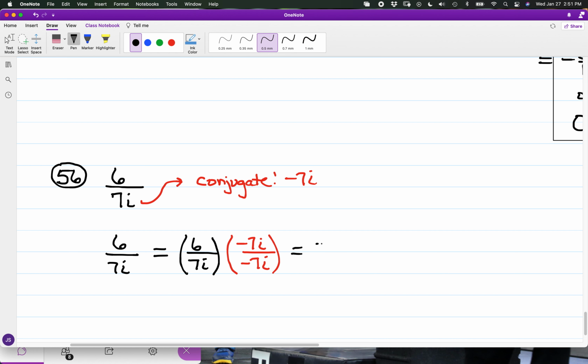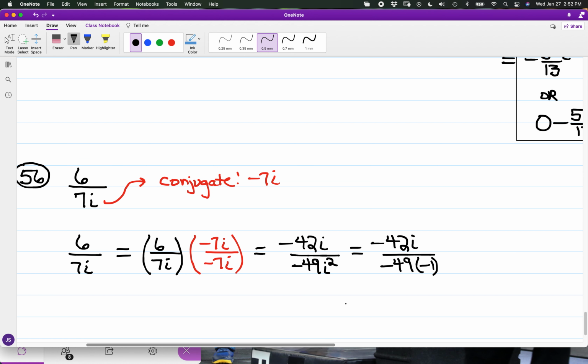And so multiplying, we have negative 42i, and 7 times negative 7, so you have negative 49, and you have i squared. Again, for negative 49 i squared, you have negative 49 times negative 1, so you have negative 42i all over 49.